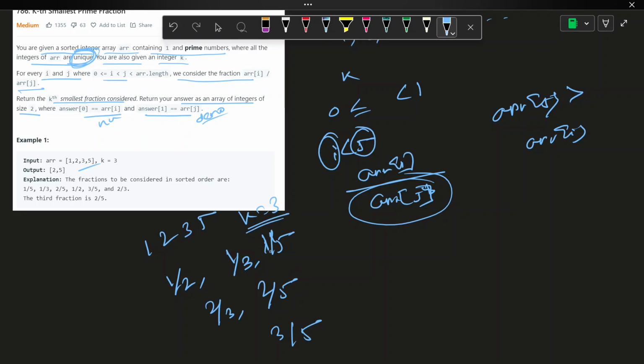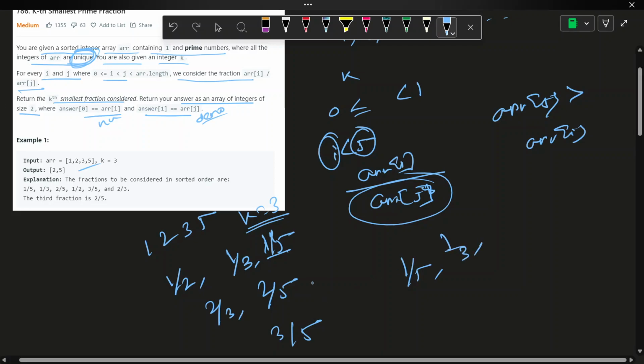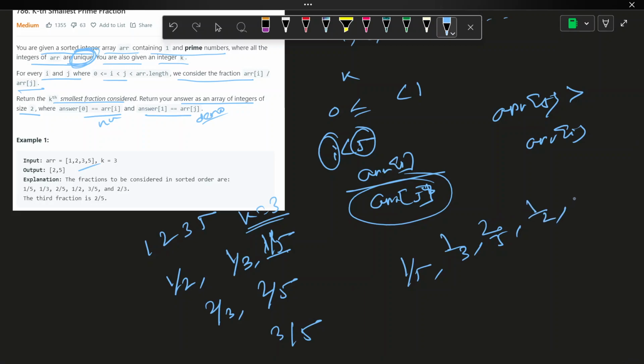The first smallest is 1 by 5, then 1 by 3, then 2 by 5, then 1 by 2, then 3 by 5, then 2 by 3. So first, second, third, fourth, fifth, sixth. The answer will be 2 by 5, so I have to return 2 and 5, where 2 is the numerator and 5 is the denominator.